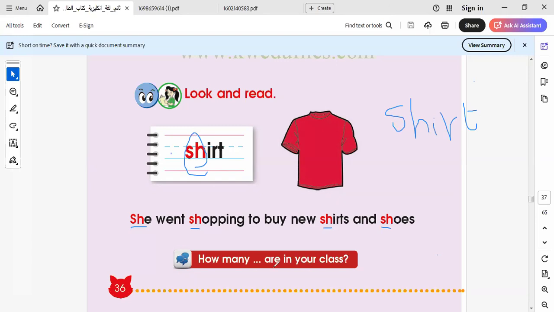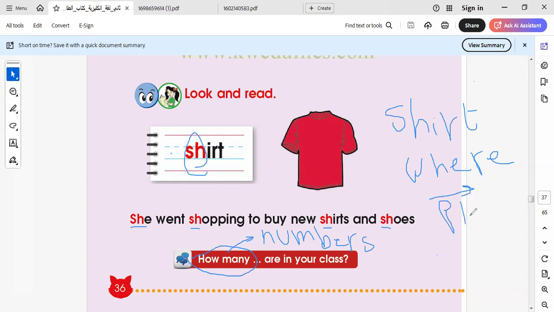How many are in your classroom? When we ask how many, the reply will be numbers. So how many asks about numbers. Now we know two question keywords. Where asks about place.